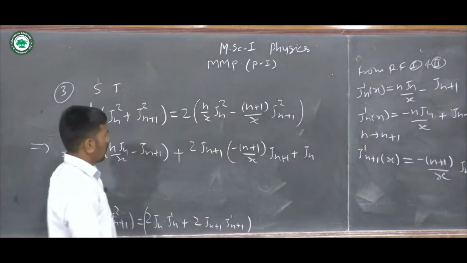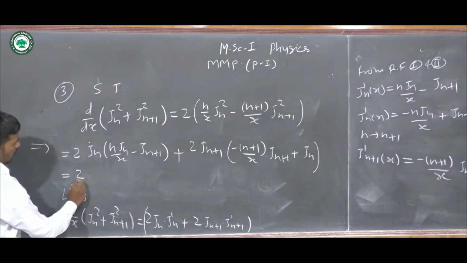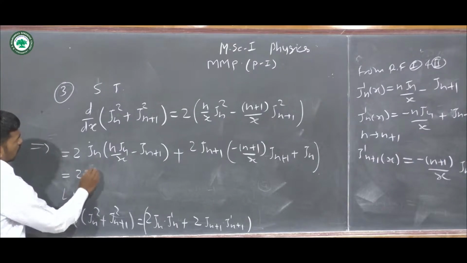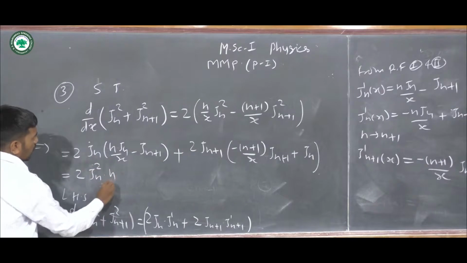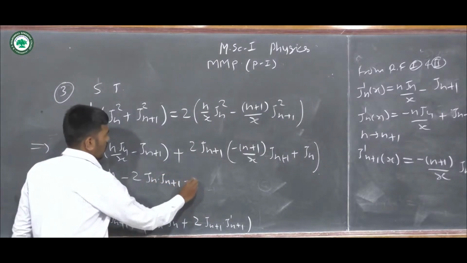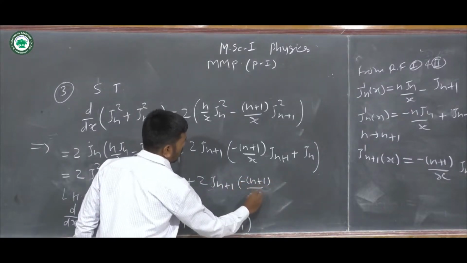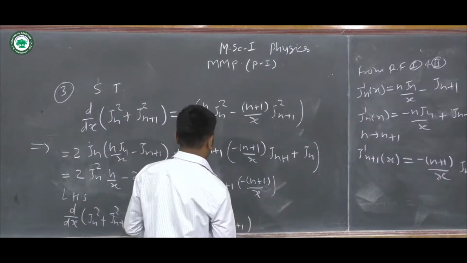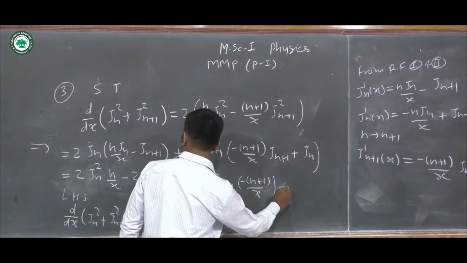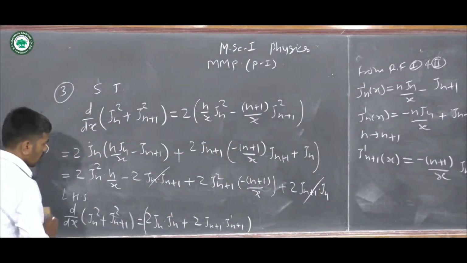Taking out the common factor, 2 Jn square into n by x minus 2 Jn Jn plus 1 plus 2 Jn plus 1 times minus n plus 1 by x Jn plus 1, and when I multiply, plus 2 Jn plus 1 Jn. So these terms cancel out.